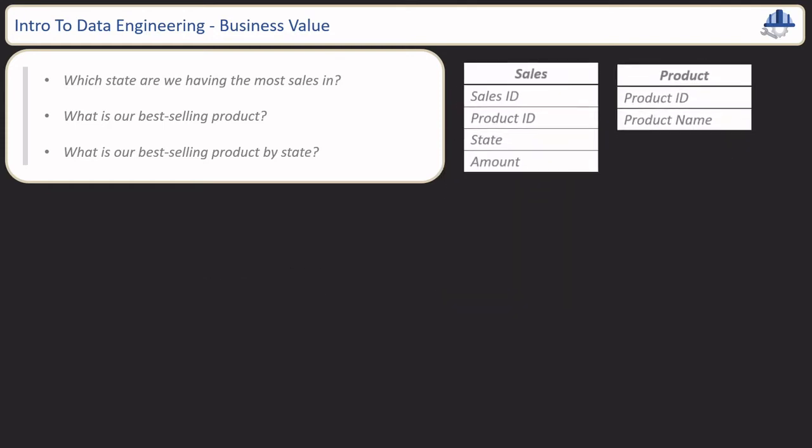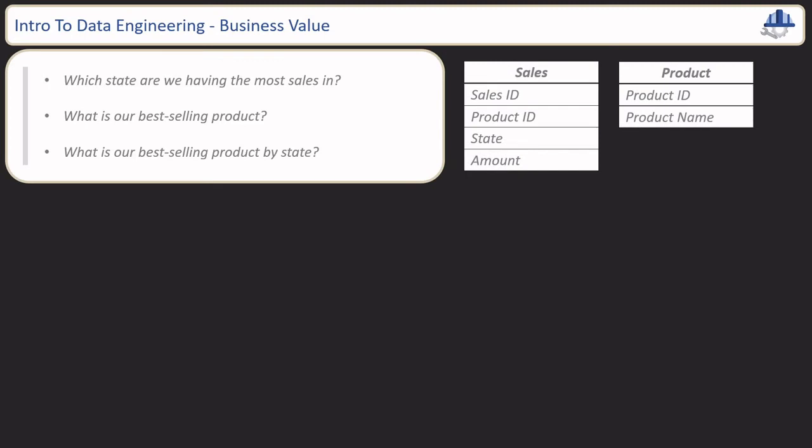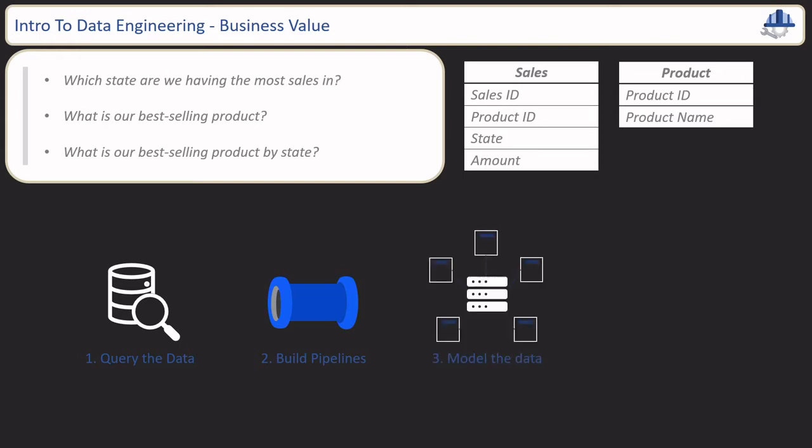The data engineer may do the following steps to derive business value from this data. First, they may query the data so that they can find out what the data looks like. Then they can build data pipelines to move the data into a location where, in step 3, they can model the data. Modeling the data is important so that it is easy to make reports on top of.